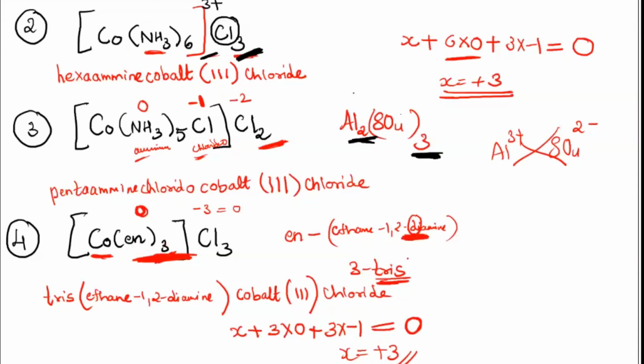If it is 3, it is tris. If it is 2, it is bis. Now here it is 3, so we are making use of the new prefix tris. Then you write the full name of this ligand, ethane 1,2-diamine, inside the bracket because it's organic.